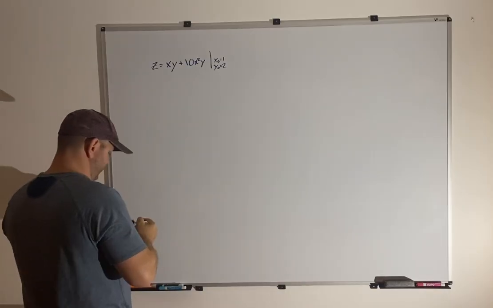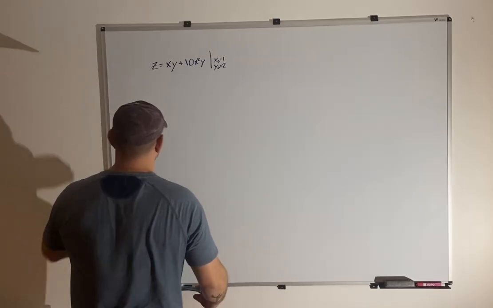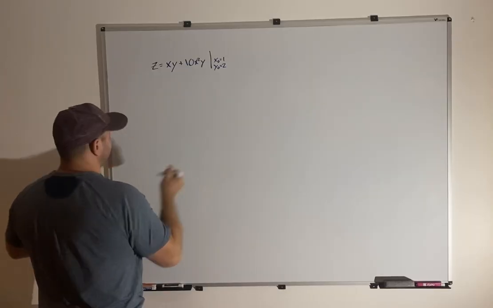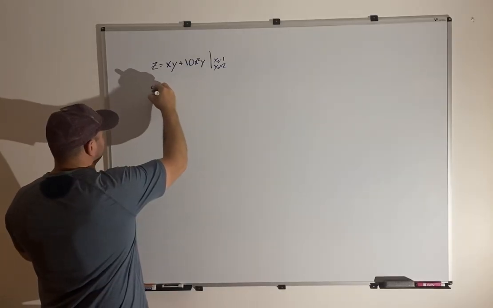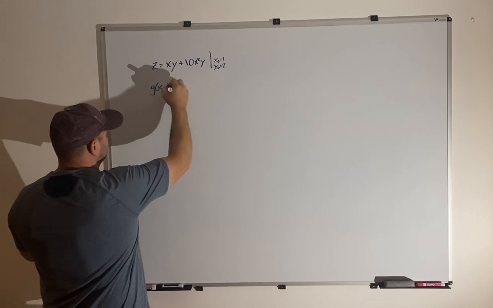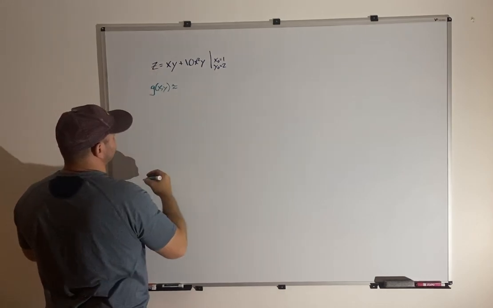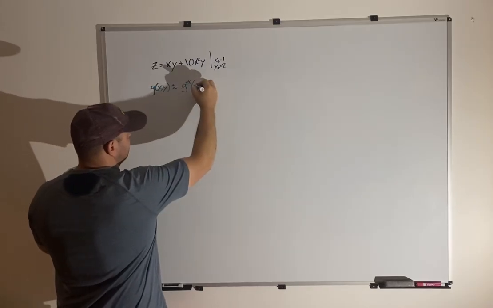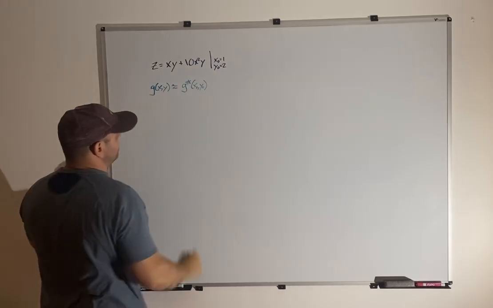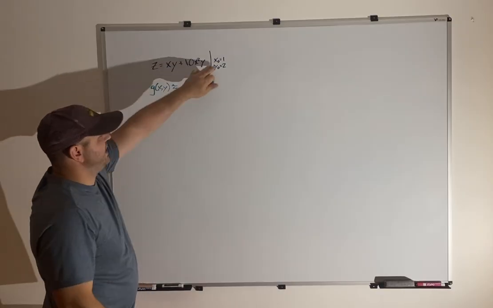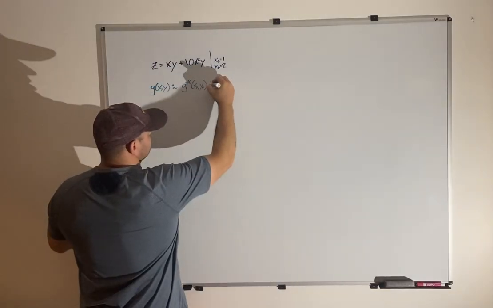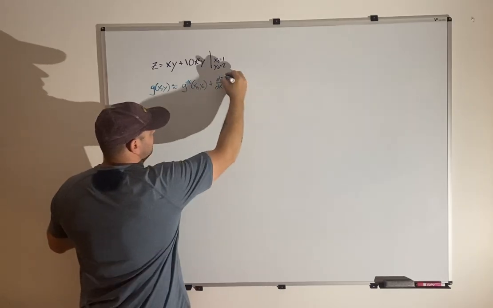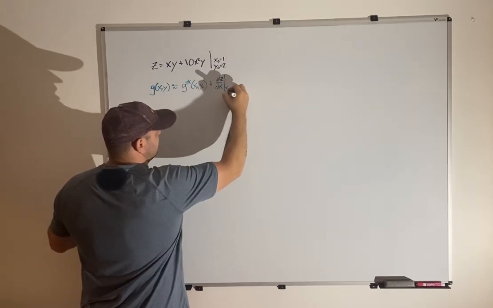All right, linearization problems have a standard form. In this problem, we have two variables, so here's what our standard form is going to look like. It's going to be g of x comma y approximately equal to g star of x0, y0, which is just us evaluating the z function at the initial conditions, plus partial derivative of z with respect to x at x0 and y0.